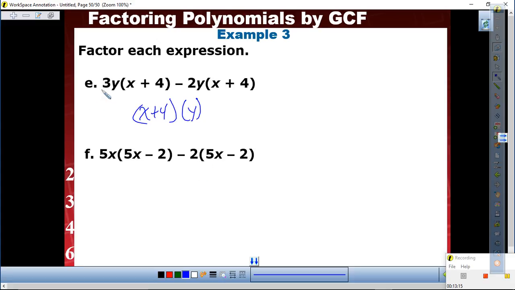If you notice, after we got the GCF, we were left with 3y minus 2y, and then you needed to simplify to leave it with 1y. Does that make sense? Okay.